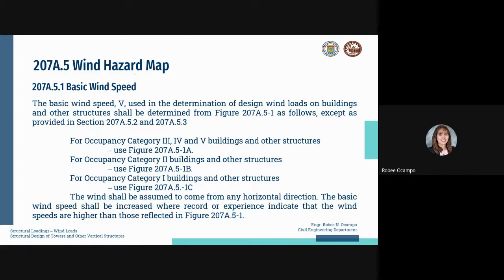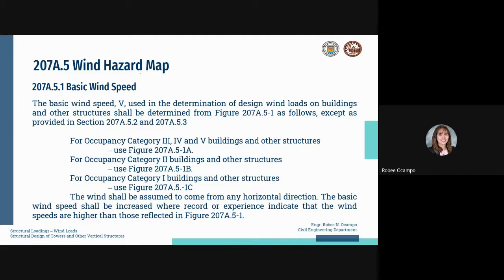And I hope it never happens, but if ever Palawan experiences a storm with a wind speed of more than 240, then the recorded value of the wind speed can be used. 240 is already strong enough.